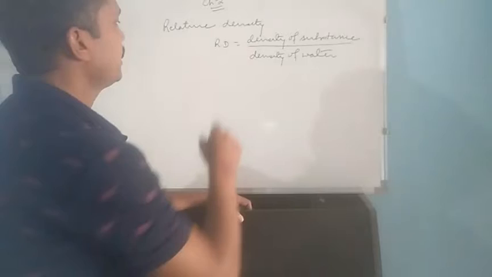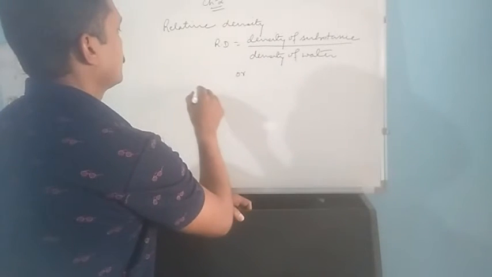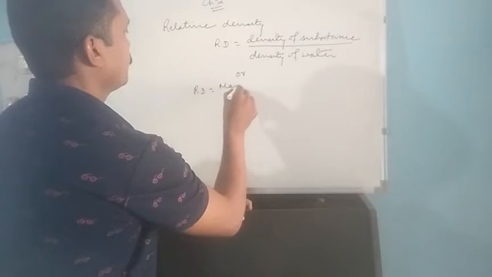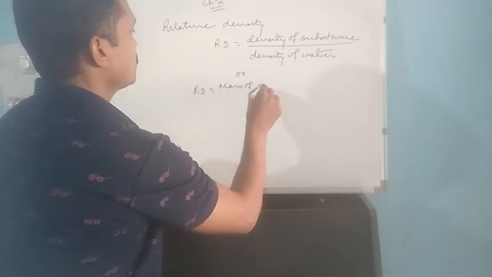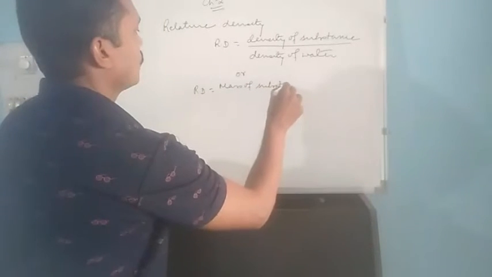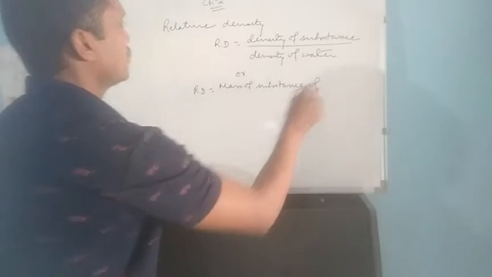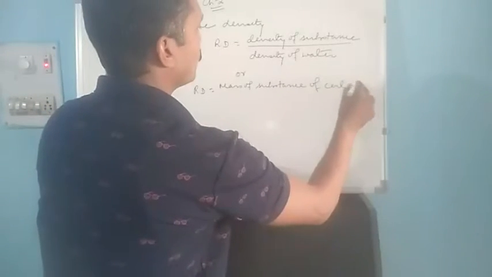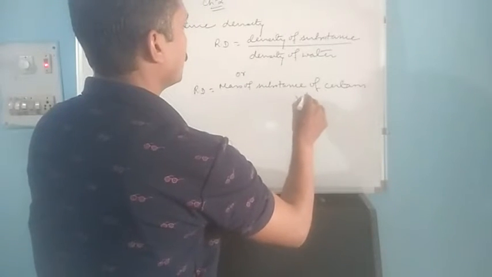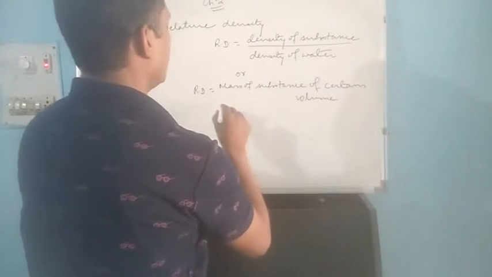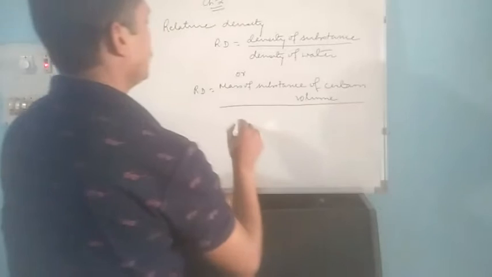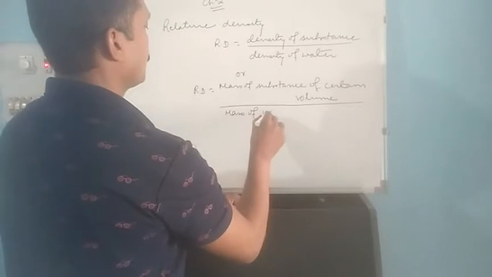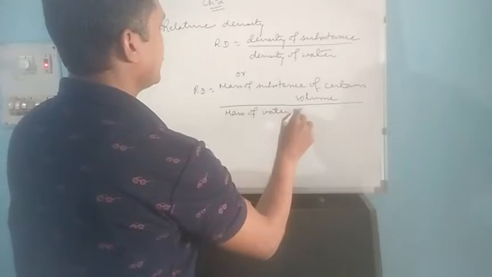This can also be written as mass of substance of certain volume divided by mass of water of same volume.